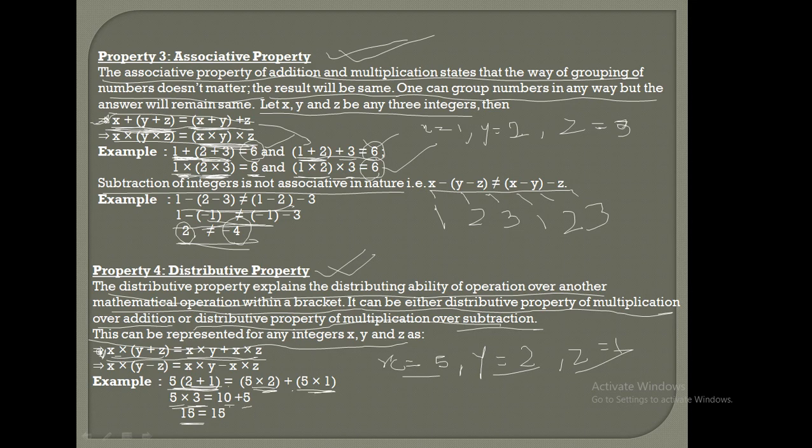Now when we add these two integers we will get 15. Here LHS and RHS both are equal, so we can say that the distributive property of multiplication over addition is satisfied. Similarly, we can solve the second equation by ourselves by putting the values of x, y, z and then finding the values.